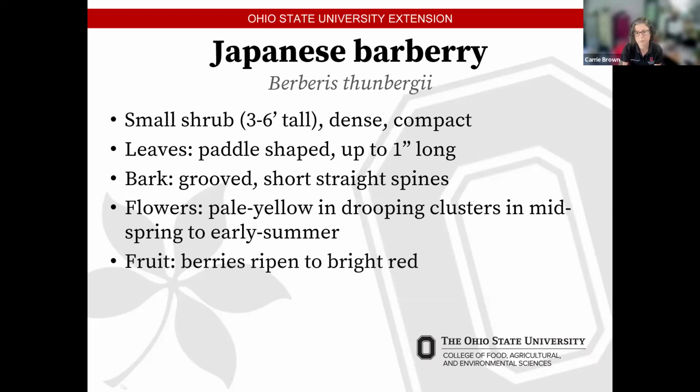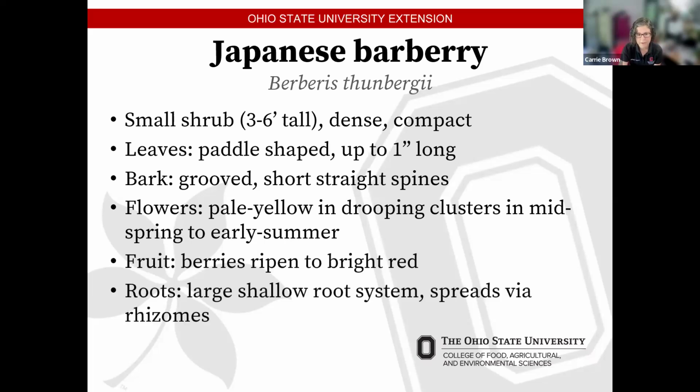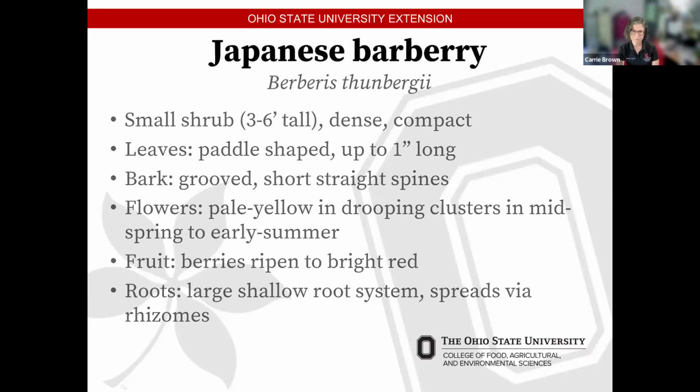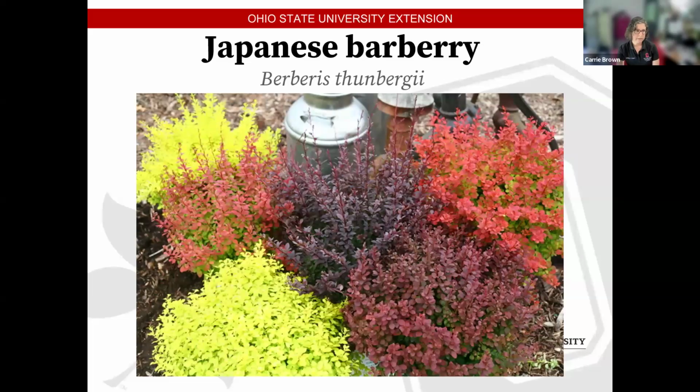The fruit ripens to bright red, and it is able to spread via rhizomes as well as birds dispersing that fruit. And this is a plant that is widely cultivated. It comes in an assortment of colors and sizes, and more than likely found at a McDonald's or a doctor's office landscape near you.